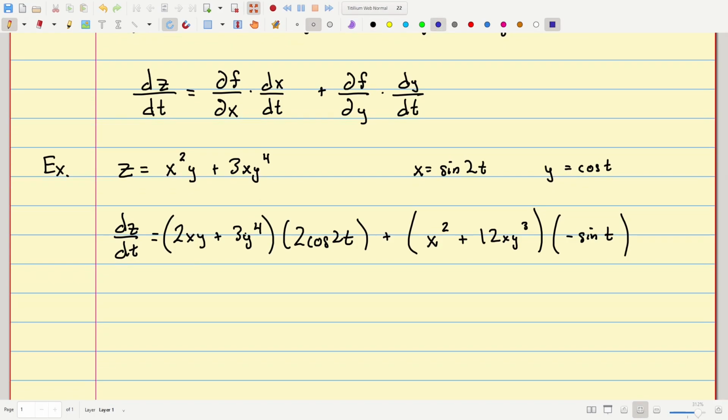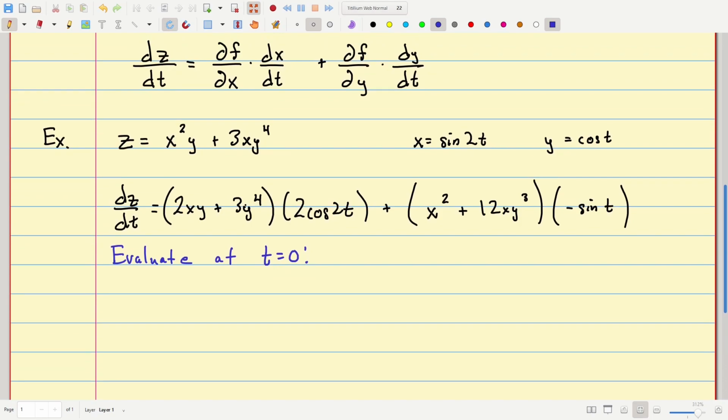If I have some point that I would want to evaluate this at, say we want to evaluate this at t equals 0, then when t is equal to 0, x is equal to 0, y is equal to 1, according to our parameter functions here.